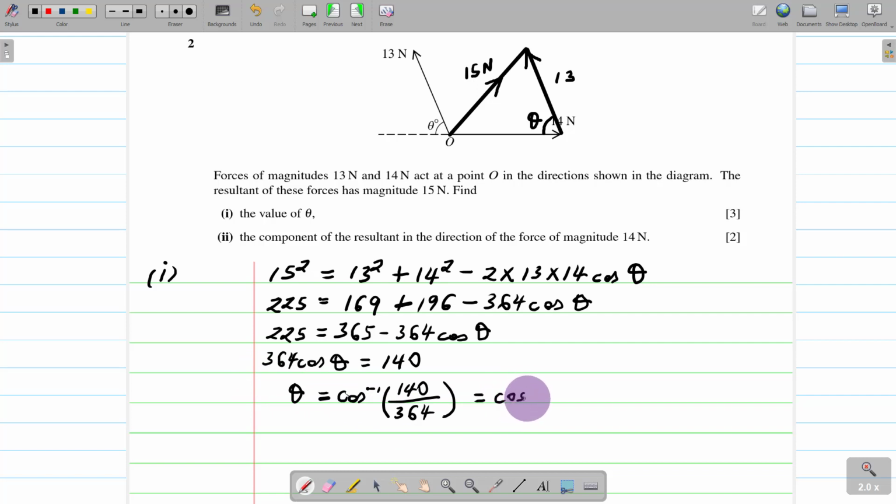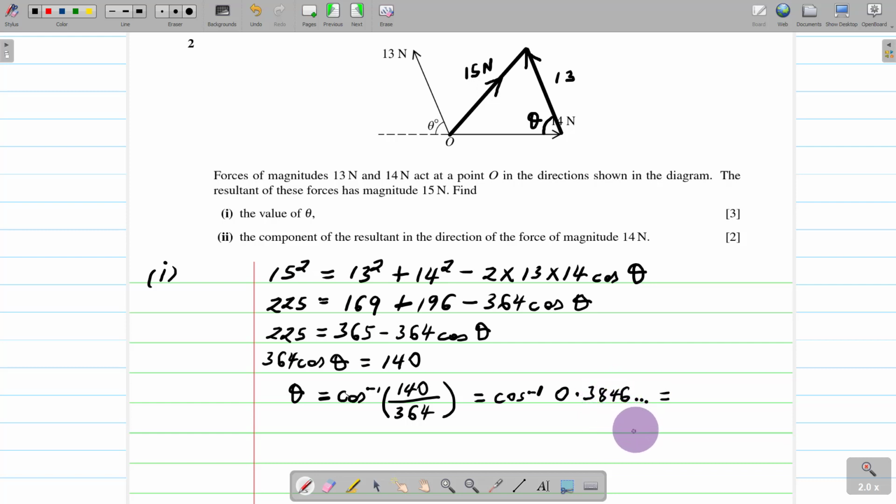Or let me just write this one for the sake of you being able to confirm the numbers that I'm writing here. 0.3846. That number is recurring, and that means that the angle theta, I'll do shift cos of that answer, and it gives me 67.38 recurring.